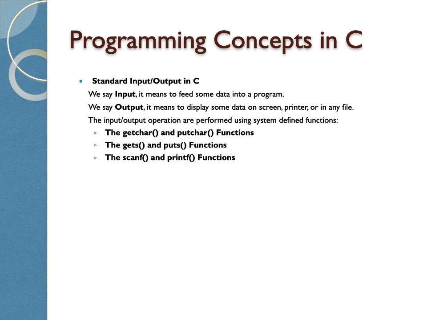Now, what is output? Output means to display data on the screen, or we can say write the data to a printer or write it to a file. The C programming language provides many built-in functions to read any given input and to display data on the screen when there is a need to output the result.